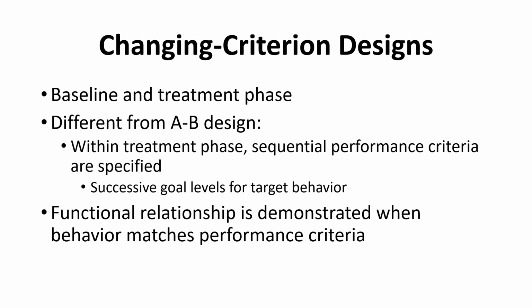And if you can't, you are punished, or maybe you just don't get the reward. And then once you've hit that criterion for enough time, you would then have to have, say, 6 cups a day or 4 cups a day. And so that goal changes over time. As you meet that particular criterion, then it would move. And so this shows us a functional relationship when our behavior lines up with this moving performance criteria.